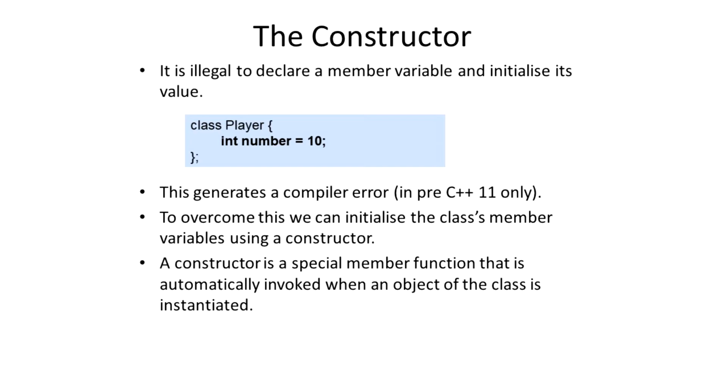But back in the day, the constructor used to perform the purpose of being the function where we could initialize data members. And because the constructor is the first function that's called when we create an object of the class, and if you haven't created objects of classes before, we're going to come to that in a few slides.